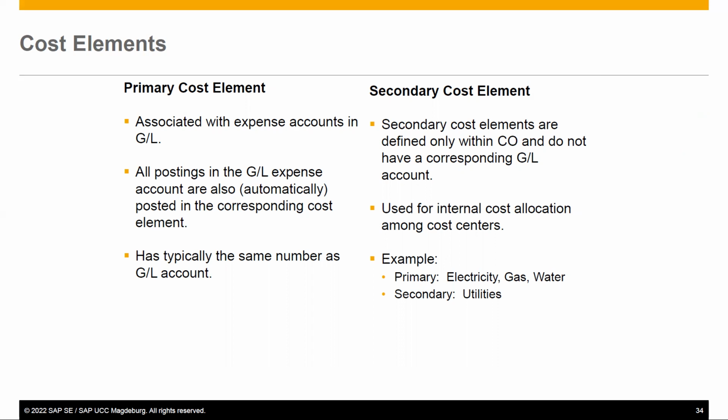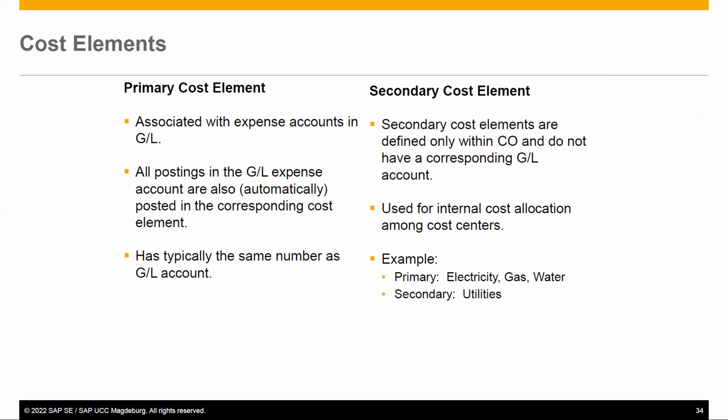The cost element, we just talked about the chart of accounts, right? So actually, these are the chart of accounts. When we say cost element, it means any expense account in GL is a cost element account.